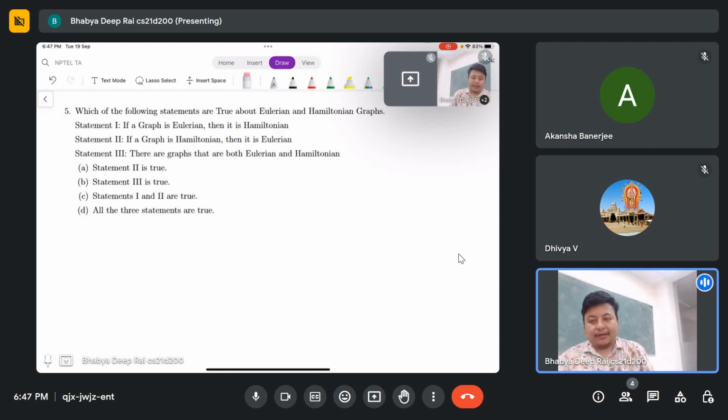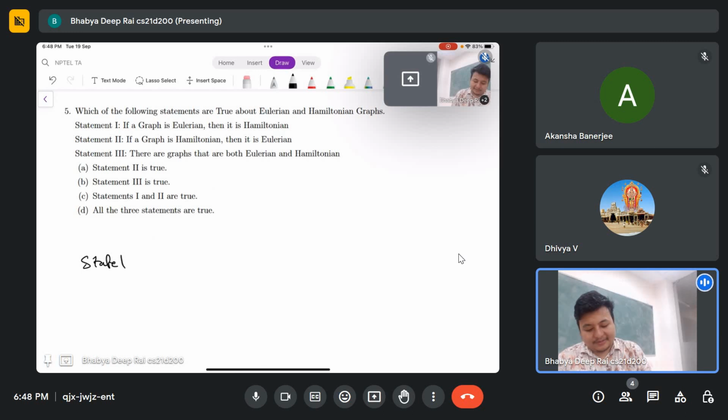Well, if I have to prove a statement, then it is quite difficult. But if I have to disprove a statement, then all I need is a counterexample, right? So maybe it is easier to provide a counterexample. So, if a graph is Eulerian, then it is Hamiltonian.